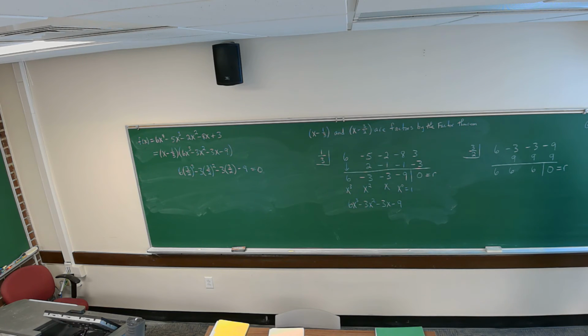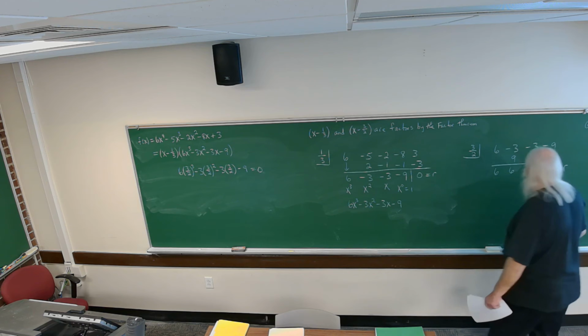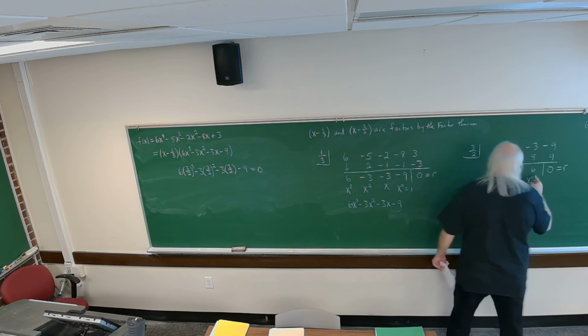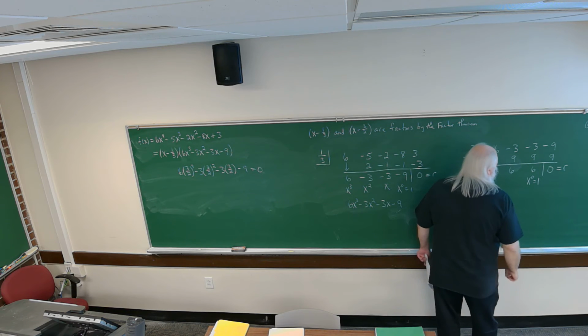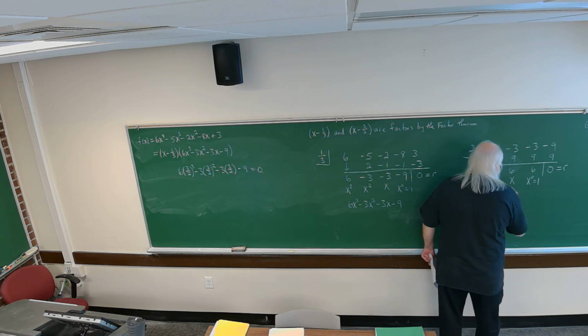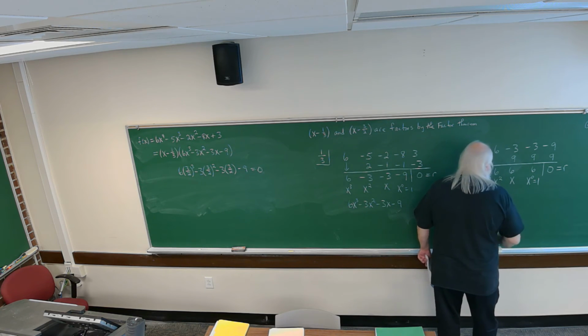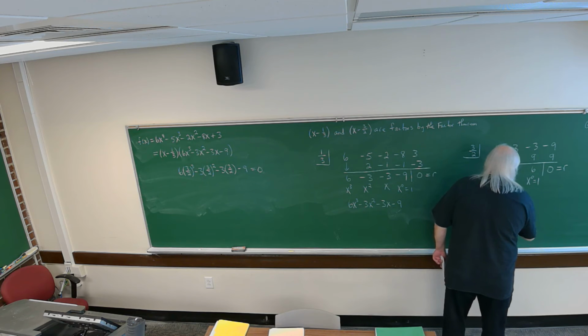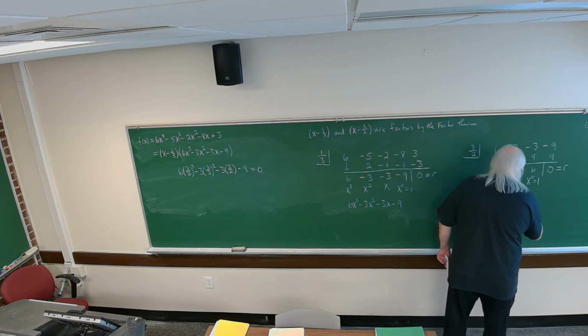So, 666. Everybody's favorite number, right? So, x to the 0 is equal to 1, right? So this first 6 goes with x to the 0, which is 1. The next one goes with x. Next goes with x squared. So the quotient from this synthetic division is 6x squared plus 6x plus 6.